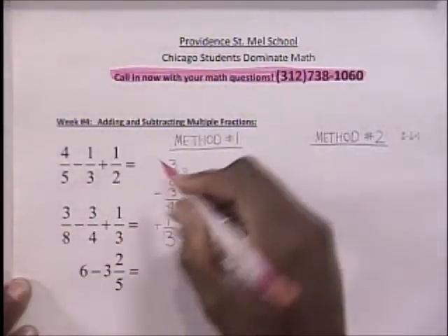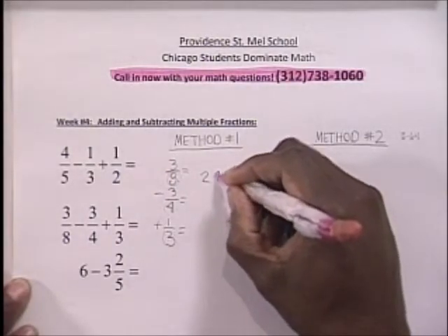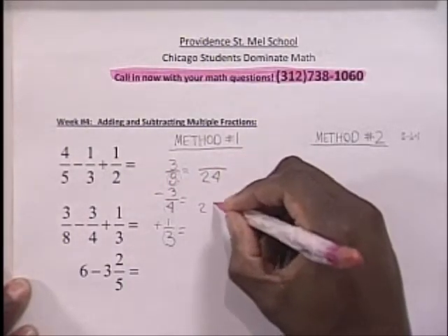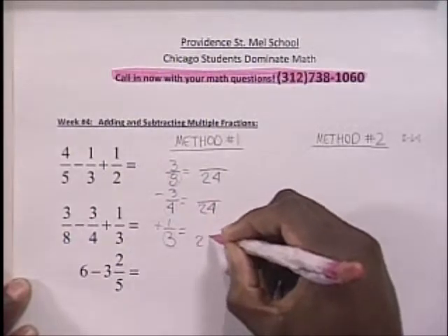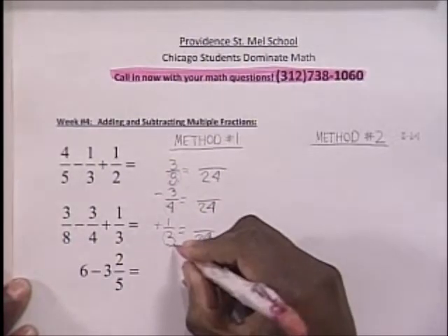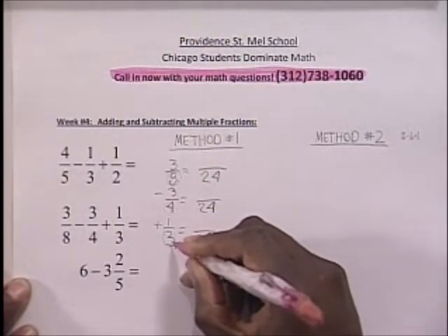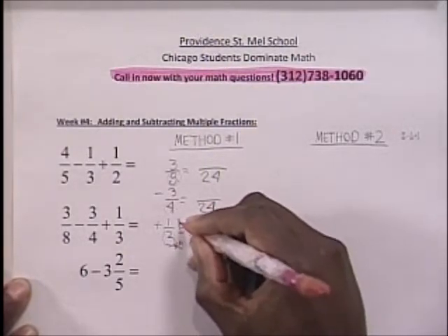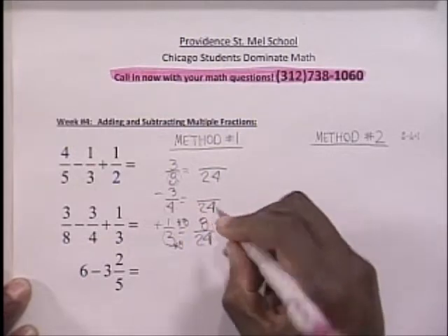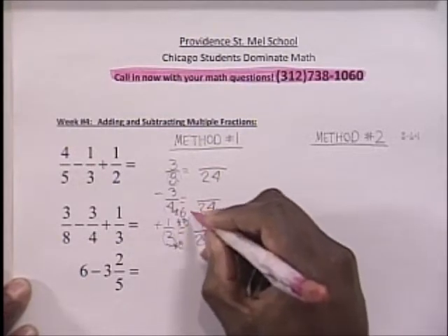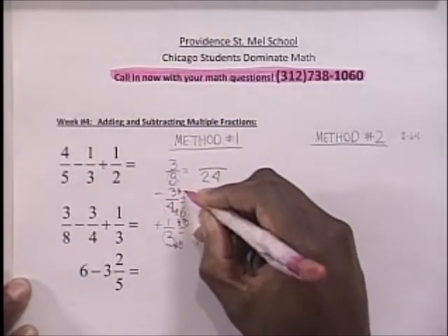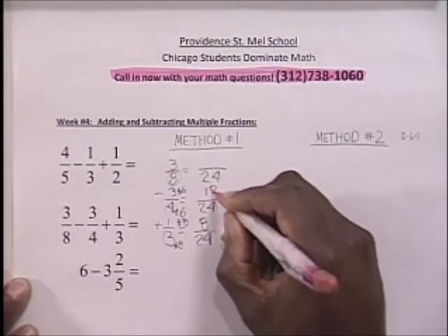Let's take a look at this problem. So 24 is our lowest common denominator. We had to multiply 8 times 3 to get 24, so we have to multiply the 1 by 3. We had to multiply this 4 by 6 to get 24, so we have to multiply this 3 by 6 to get 18.